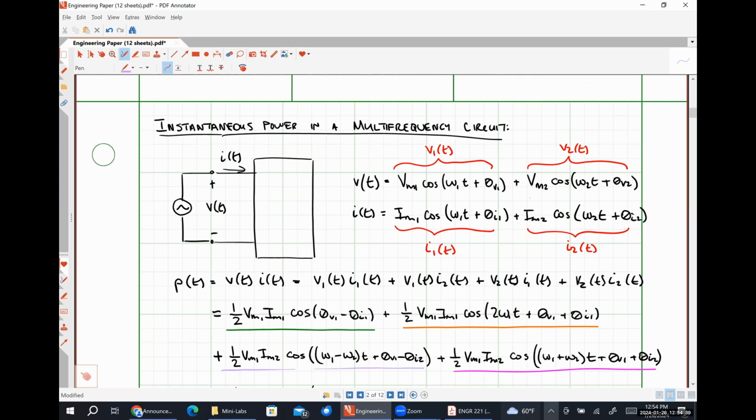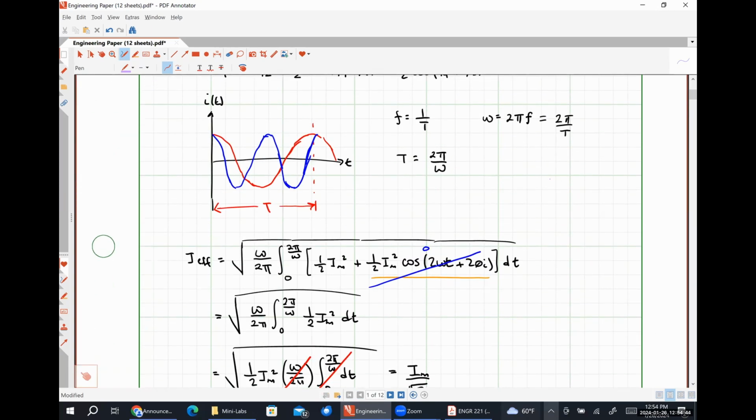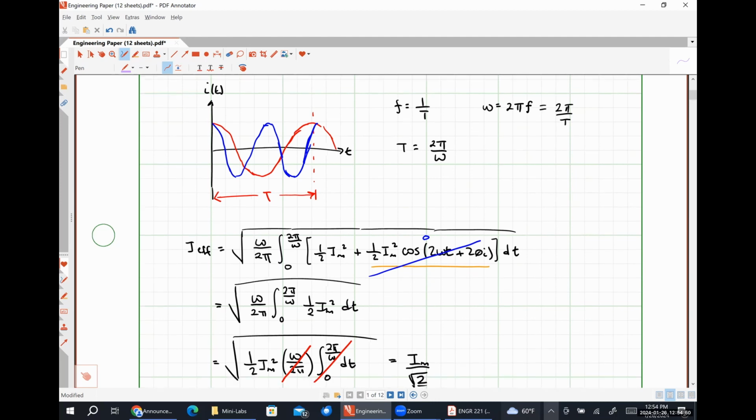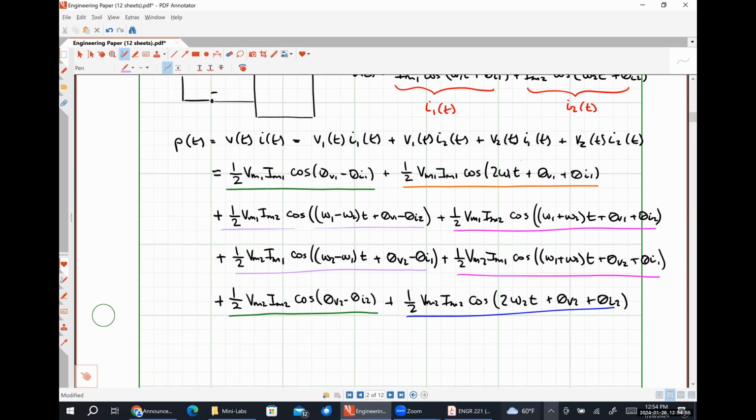Well, way up here, we effectively just found out that integrating a sinusoidal function over an integer multiple of the periods goes away. And so what that's going to translate to is effectively all of our terms that are time varying, the integral of those over the period of our voltage or current waveform actually wind up going away as well. And so we only wind up having to care about our DC components.